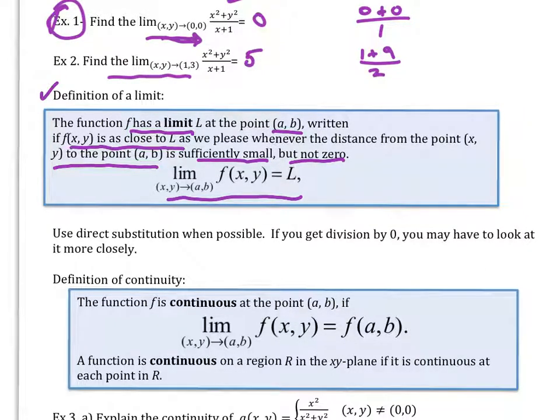This is the same idea that we had in two space. We want to use direct substitution whenever possible. If you get division by 0, you may have to look at it more closely. If it's 0 over 0, then we have to look at coming in from different directions and play around with it a little bit more than what you are used to in two space.